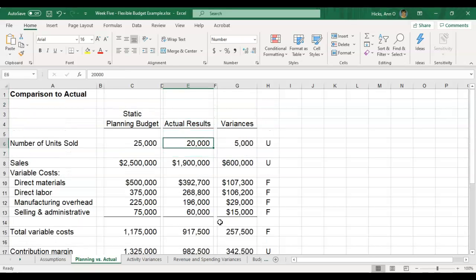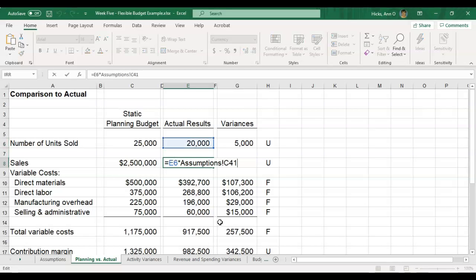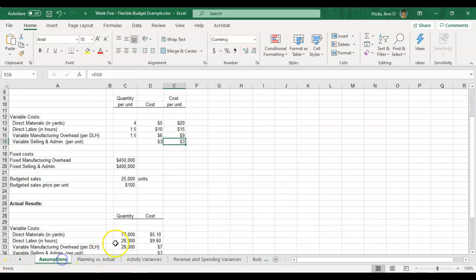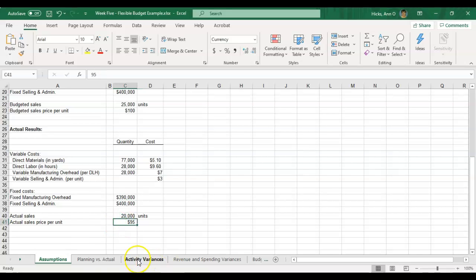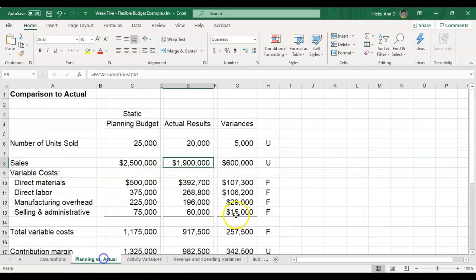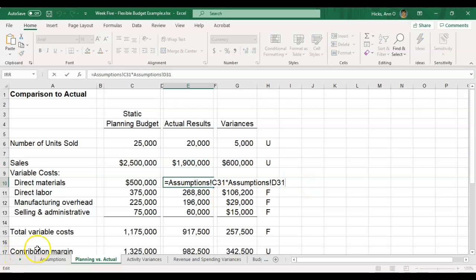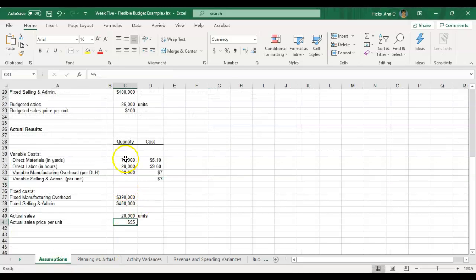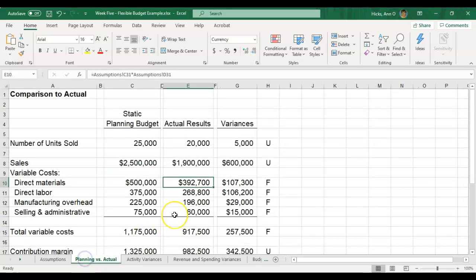We actually sold only 20,000 units, and you will remember from the assumptions, we sold those at $95 per unit, giving us sales of $1,900,000. Direct materials came in at 77,000 yards at $5.10 per yard.